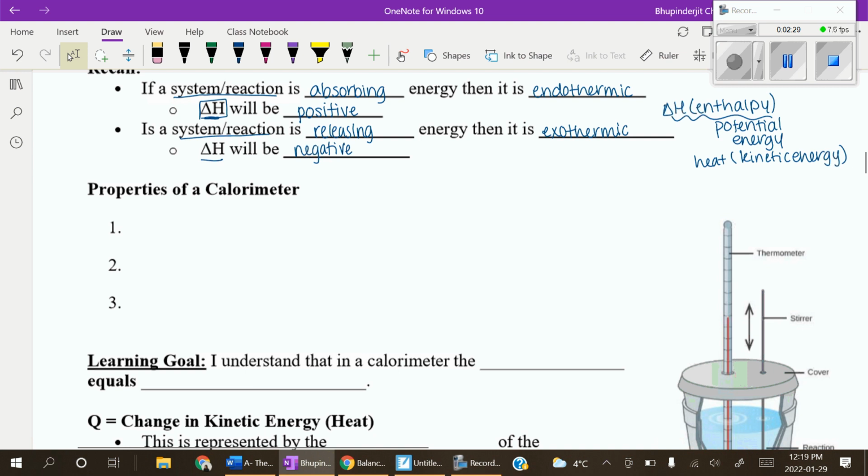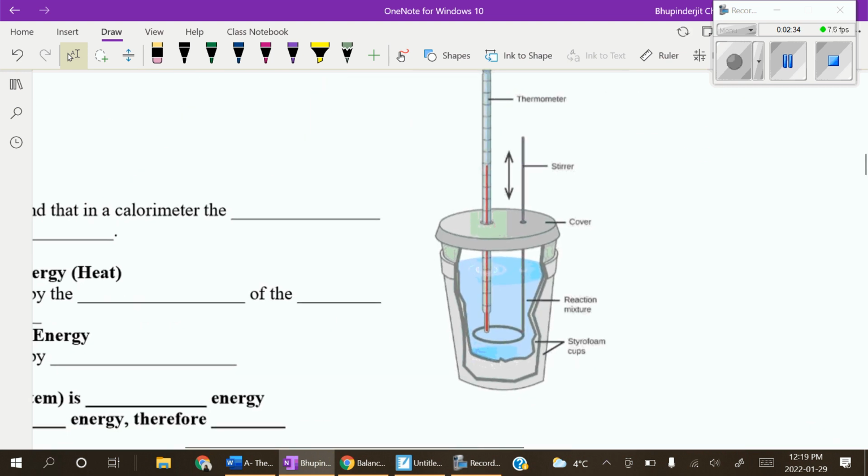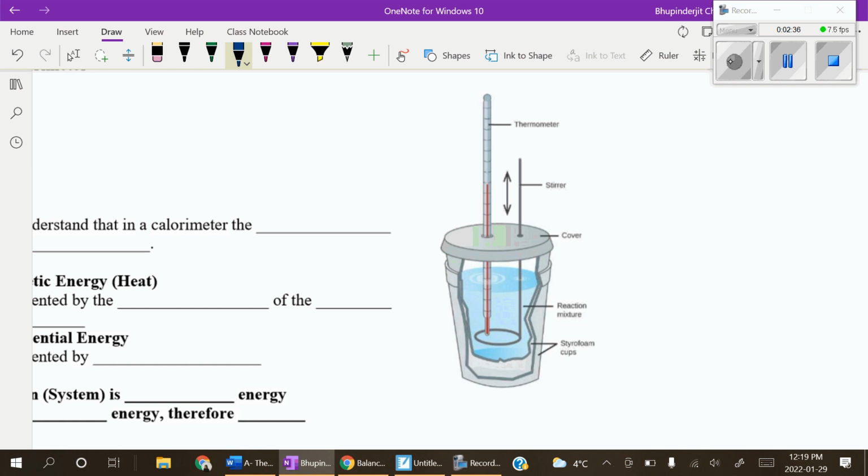Now let me give you some properties of a calorimeter. First of all, here we have our calorimeter. It's an isolated system. You'll see there is that insulating factor around the water or the system. We have a thermometer. That is crucial because we are going to be measuring temperature.